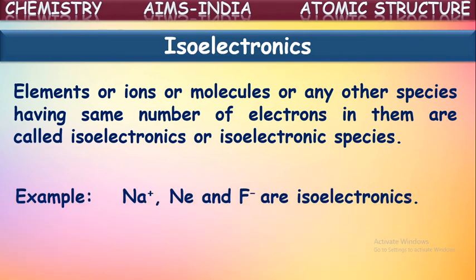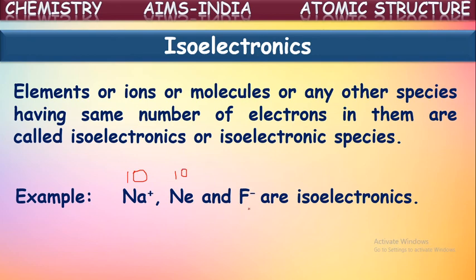For example, Na+ and neon and even F−, these three are called isoelectronics because if you observe the number of electrons in these three: generally for sodium there will be 11 electrons, but it is mentioned here Na+, which means it lost one electron, so the number of electrons in Na+ is 10. We know the atomic number of neon is 10 and it has 10 electrons.